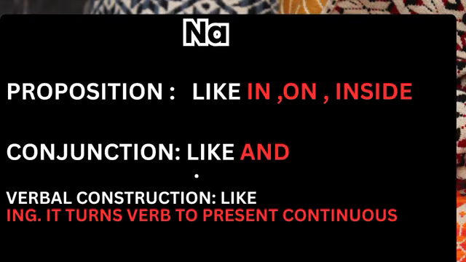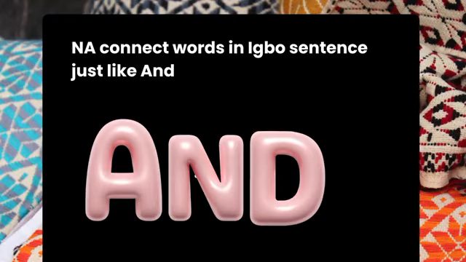The first job na is doing is conjunction. Now, it joins two words in a sentence, just like and in the English language. So whenever you want to join words in a sentence in Igbo, remember na.